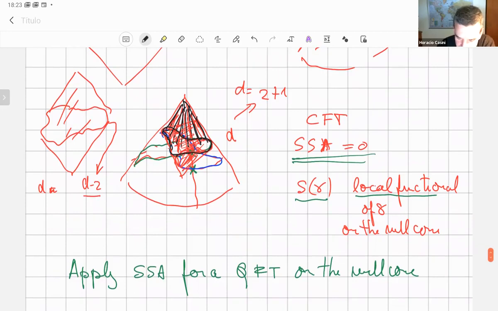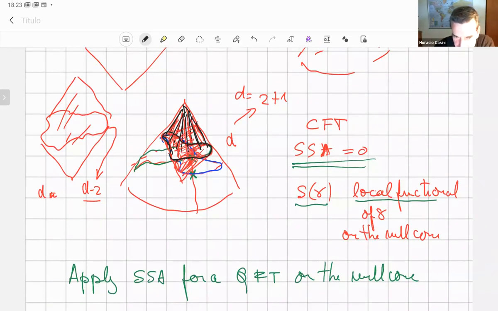But the problem here is that strong subadditivity is monotonicity of mutual information, and we are interested in using it for something like this, 1, 2, 3.